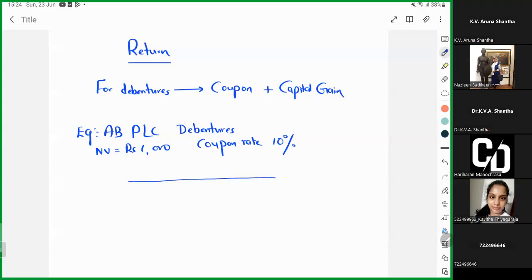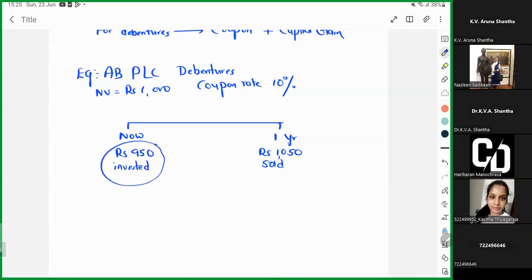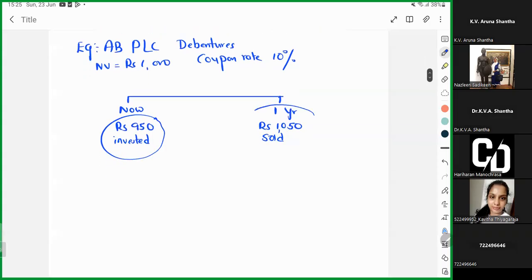Let's say you invested now for a price of 950. After 1 year's time, you sold them at a price of 1,050.